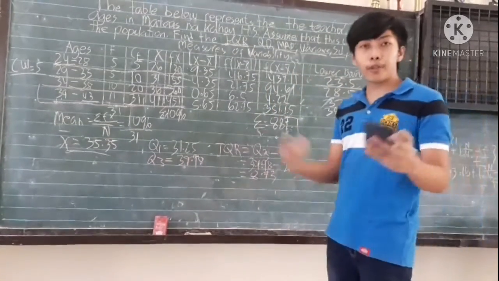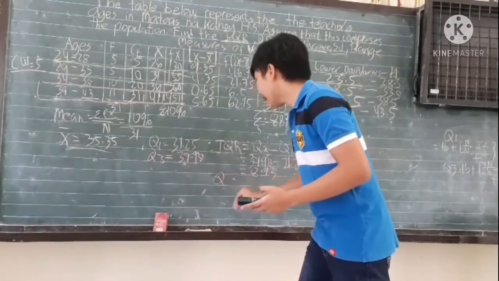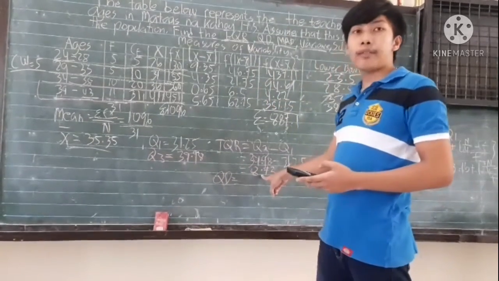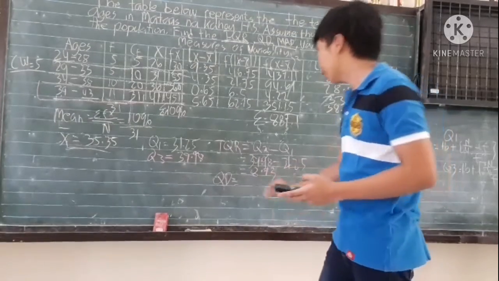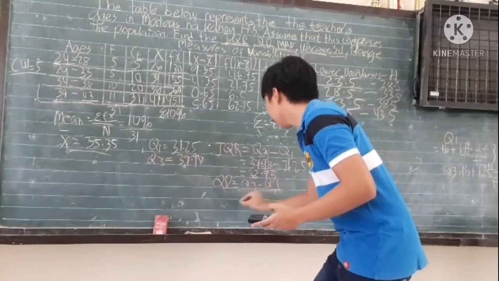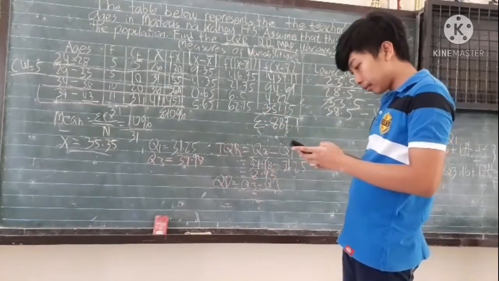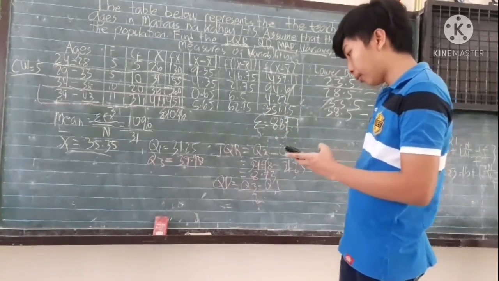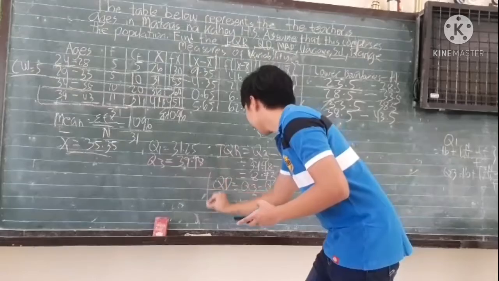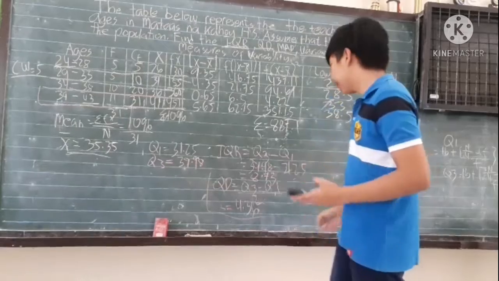So we can compute now our quartile deviation, which is divided by 2. So Q3 minus Q1 over 2. So it is 8.73 divided by 2, 4.36. That's how we get the interquartile range and our quartile deviation.